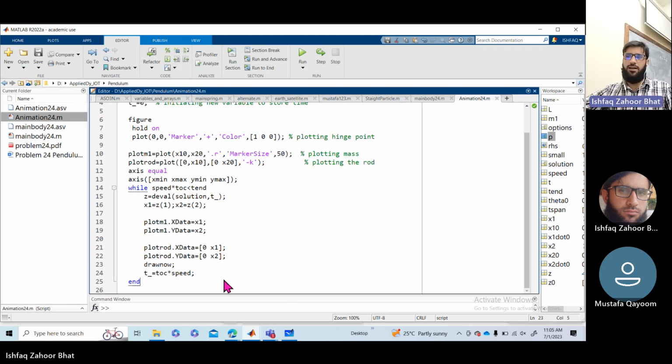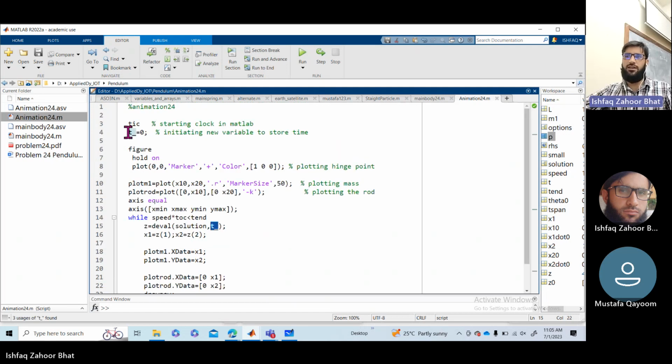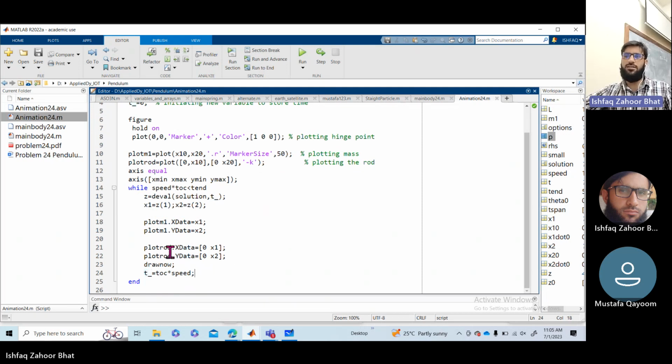Then see what our initial value for t underscore was. It was 0, but we want this t to continuously update its value, because at each instant of time we want this z, this x. So this t should get updated. So what is this t equal to?